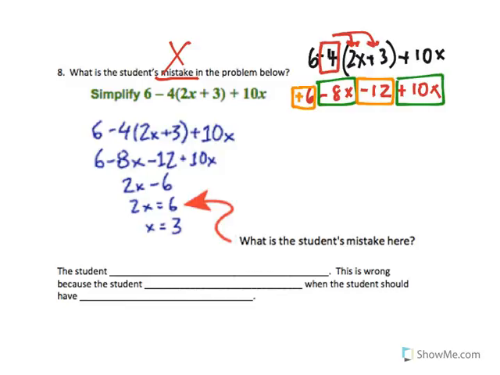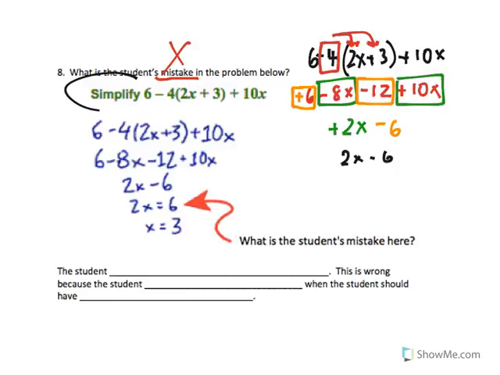And then I combine. Negative 8 plus 10 gives me positive 2x. 6 minus 12 gives me negative 6. And that is it. There's nothing else that I can combine here.